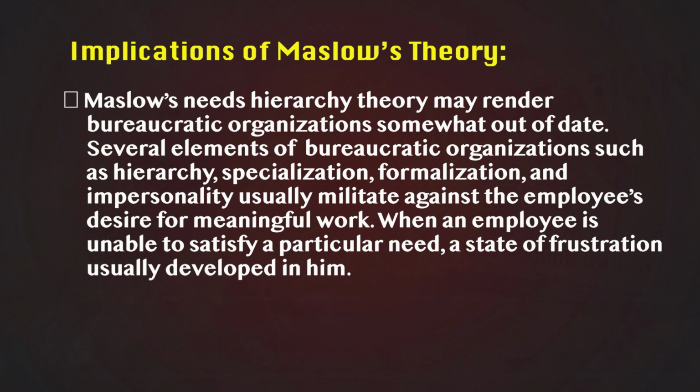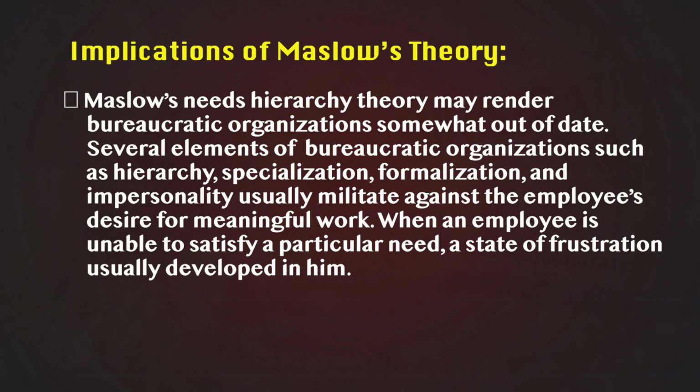Maslow's needs hierarchy theory may render bureaucratic organization somewhat out of date. Several elements of bureaucratic organizations, such as hierarchy, specialization, formalization, and impersonality, usually militate against the employee's desire for meaningful work.